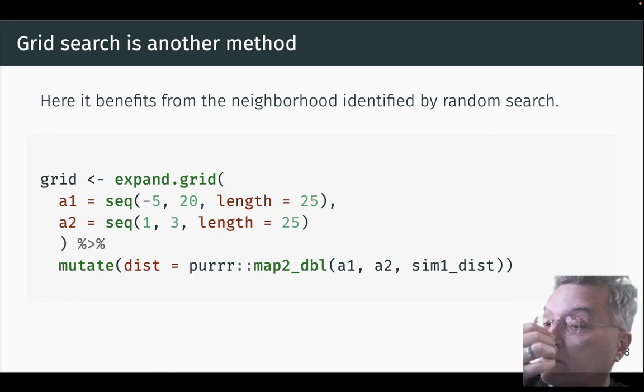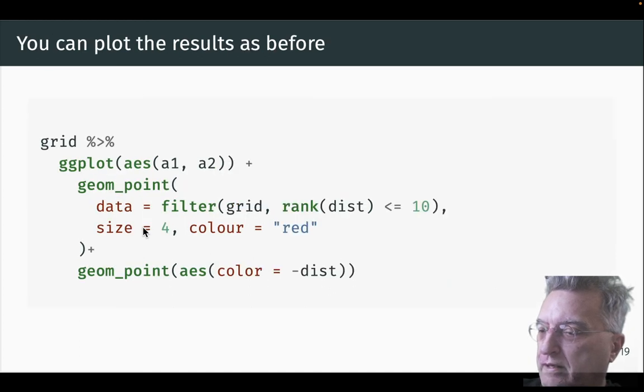So random search identified a neighborhood that was a good neighborhood. That is the boundary along the x-axis and the boundary along the y-axis.